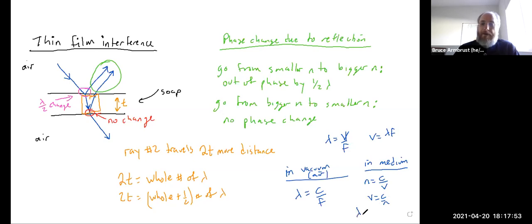So that means the lambda in the medium, which I'm going to call lambda sub n, is equal to V over F, which is C over n over F. If you just fiddle with that a little bit, we get 1 over n times C over F, which was the wavelength out in the air.